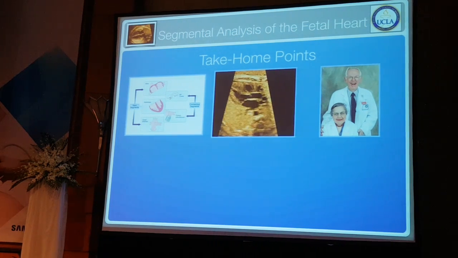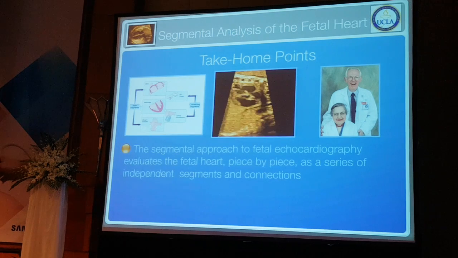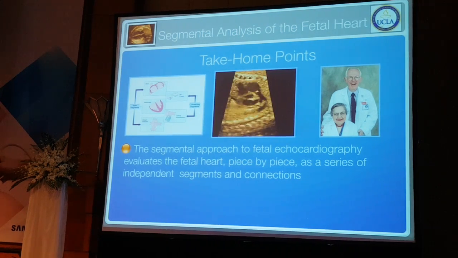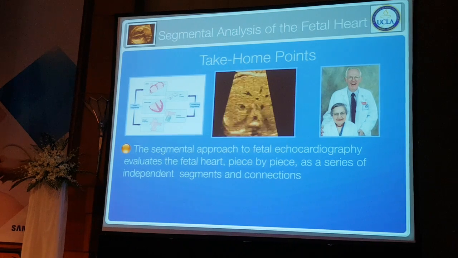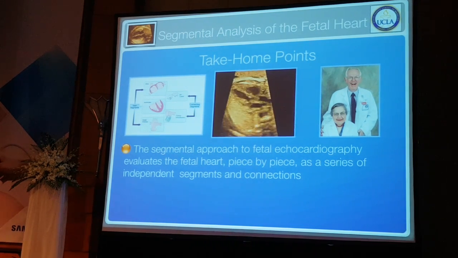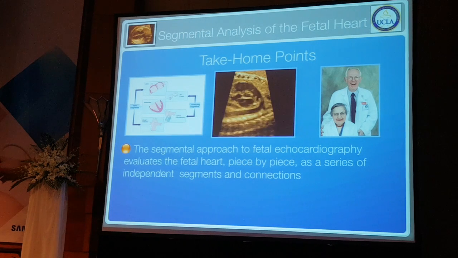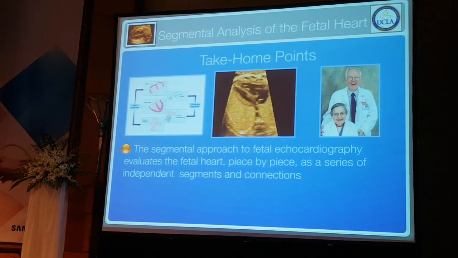So my take-home point here is that the segmental approach to fetal echo evaluates the fetal heart piece by piece as a series of independent segments and connections. So when you're looking at the heart, it's true you want to get certain views, but when you're trying to get the four-chamber view, think of all the structures.